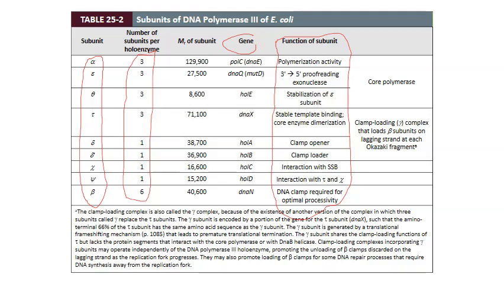So you'll notice a couple of things on here: the proofreading, so the looking back, the actual polymerization activity, which is the alpha subunit, the clamp opener, the clamp loader, interaction with SSB, which also refers to single-stranded binding proteins. Okay. So you can see the different functions of each one, how big they are, how many are located in the holoenzyme, and what their function is.